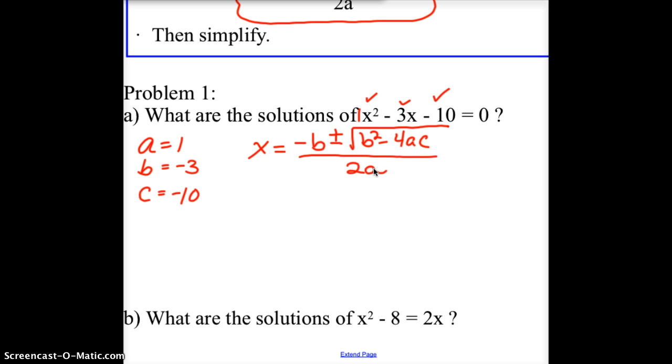Now we do what I call plug and chug. You just take each of these and plug them into the formula. Be careful of your signs. So I'd have x is equal to the opposite of b, which would be a positive 3, plus or minus the square root. And then I suggest that you square this in your head first, because if you don't do that in your head and say negative 3 times negative 3 is 9, what sometimes happens is kids will put that negative 3 into the formula and then square it on their calculator.